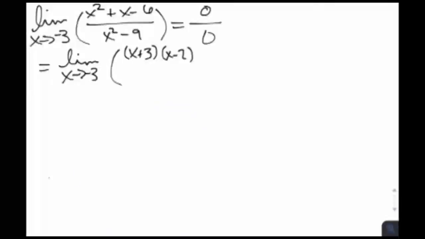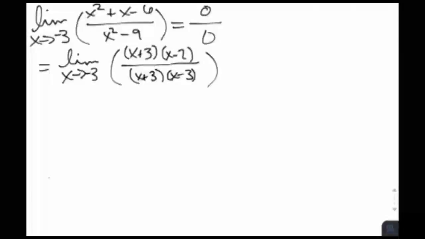And then how can we simplify the denominator? It's x plus 3 and x minus 3. The denominator is a difference of perfect squares. That's basically the x value squared minus an actual perfect square, which in this case is 9.